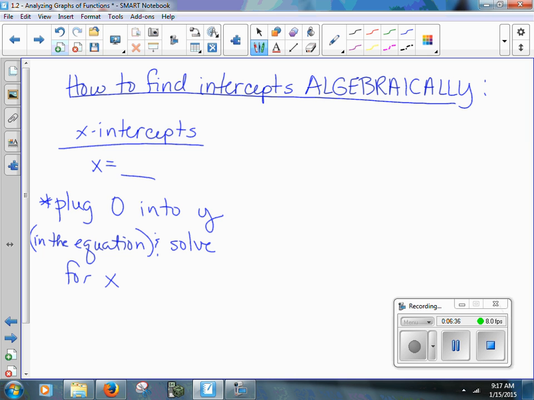That's how you find the x-intercepts algebraically. Did you guys do this in Algebra 2? You remember?